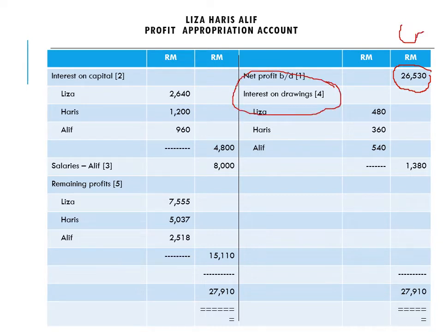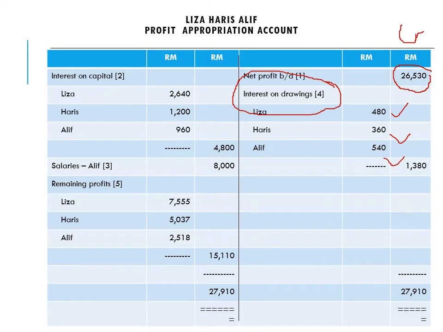For partners that withdraw any cash or goods from the partnership, they have to pay interest. This interest is an income to the partnership, therefore it is on the credit side. It is added to the net profit. So Lisa would pay 480, Haris would pay 360, and Alif would pay 540.